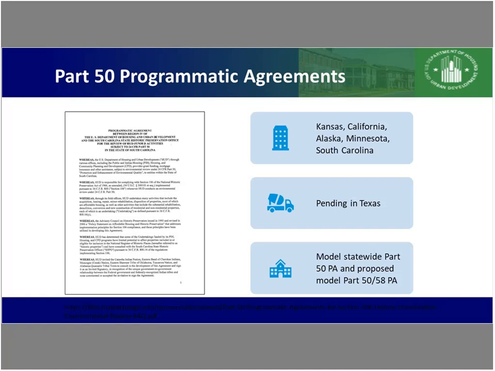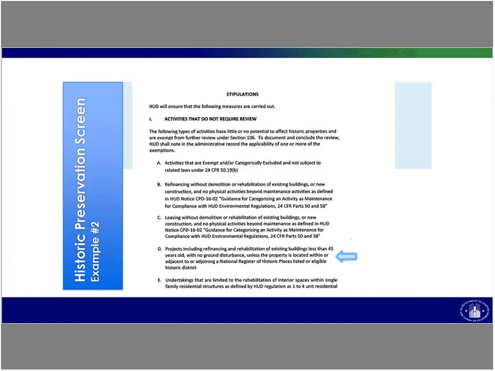The programmatic agreements are negotiated with SHPOs and tribes and other consulting parties, and they include often a list of exempt activities. So this is one of the major benefits of a programmatic agreement. They have lists of activities that do not require review. So you may find some refinancing activities that are listed as not requiring review.